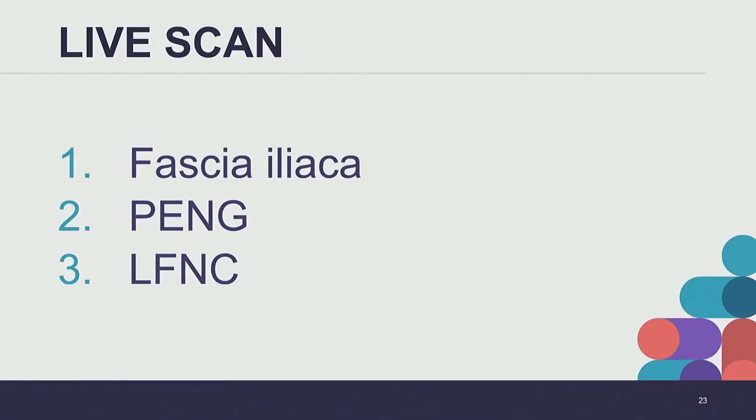Okay, so the question was, where do we stick the needle? If you could scan down to the probe for a second. Yeah. So there we see AIIS. We see iliacus covering it. On the left side of the screen, we see the internal oblique.